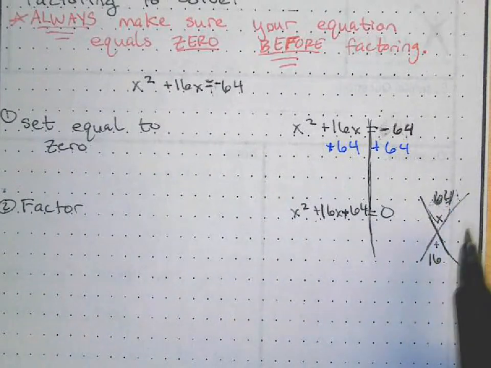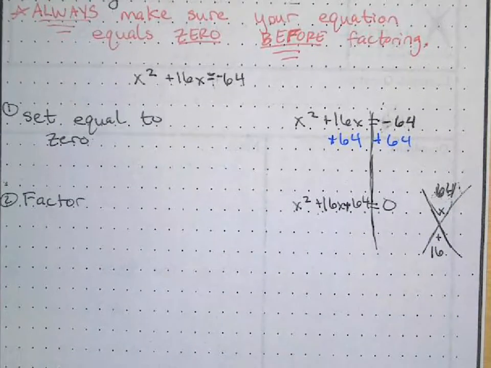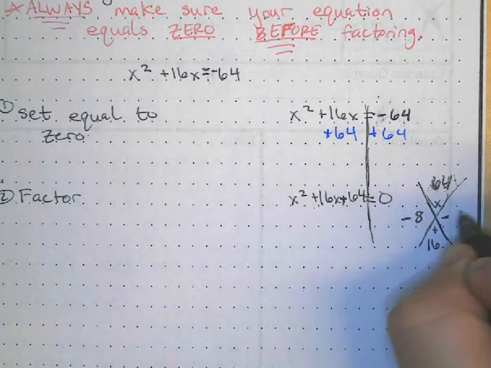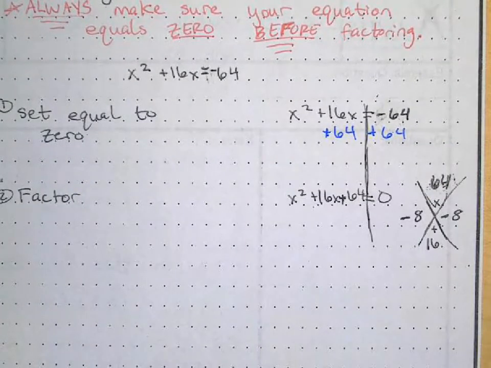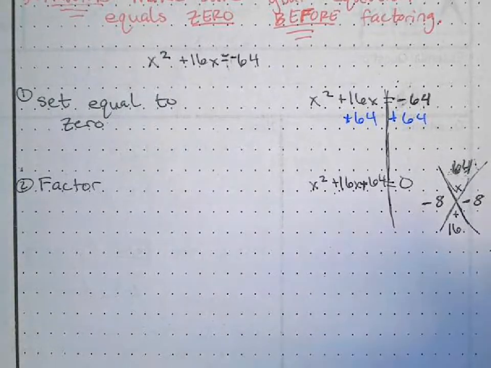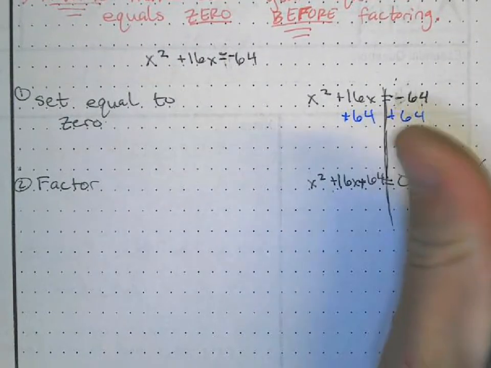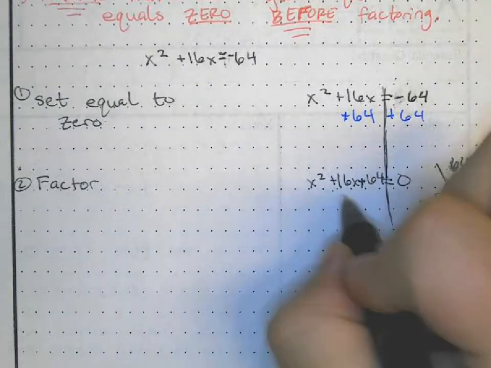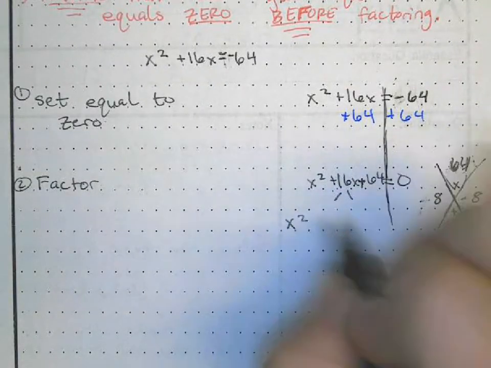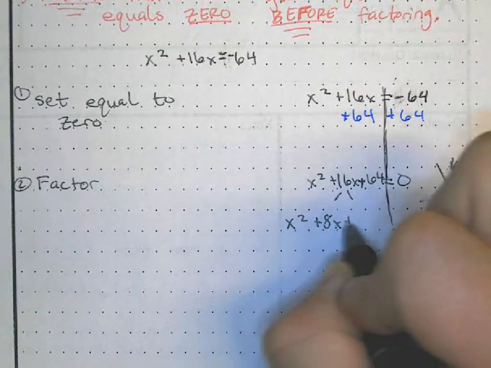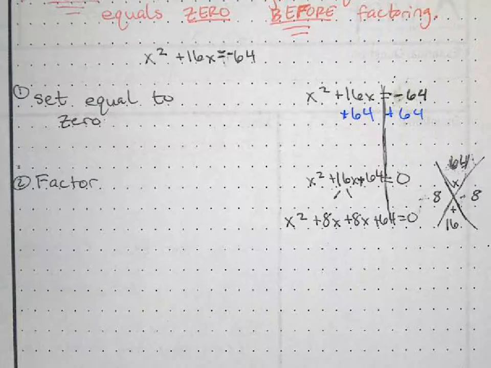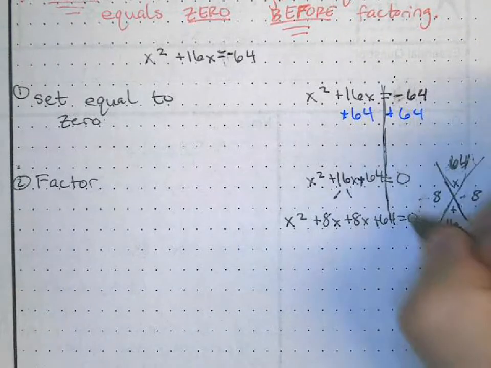A times c is positive 64. Then I have my positive 16 down below. So then I can say positive 8 and positive 8. And I have x squared plus 8x plus 8x plus 64 equals 0.